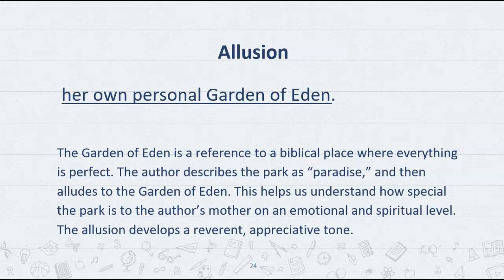The author in this passage describes the park as this paradise and then alludes to the Garden of Eden. And this helps us understand just how special the park is to the author's mother on an emotional level and a spiritual level. So this allusion develops this reverent, appreciative, almost like a sacred kind of tone.